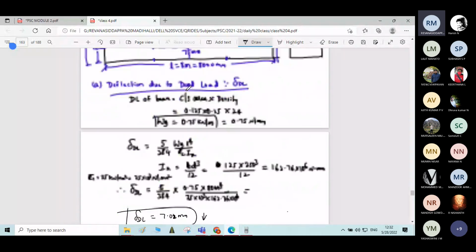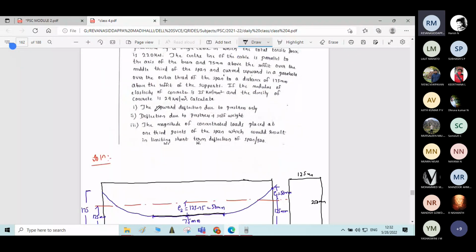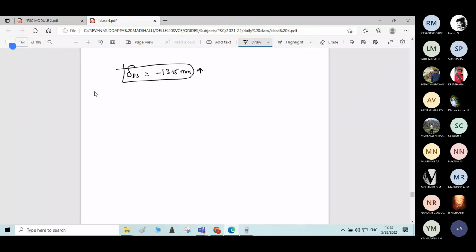Now coming to the question, the upward deflection due to prestress only, we already got this answer. Therefore, the first answer: upward deflection due to prestress only is delta PS, equal to minus 13.15 mm.